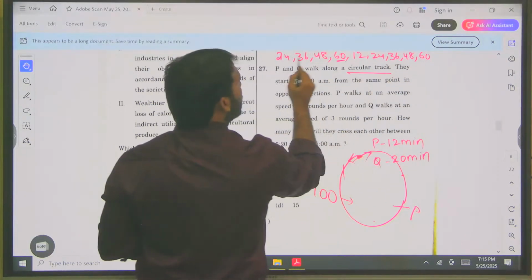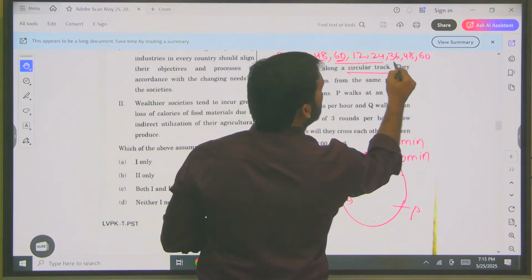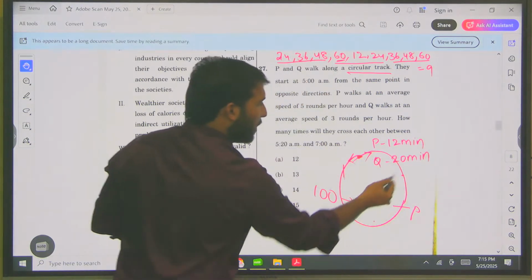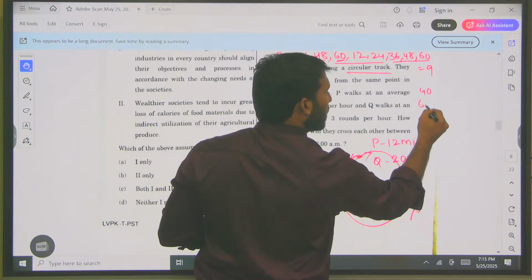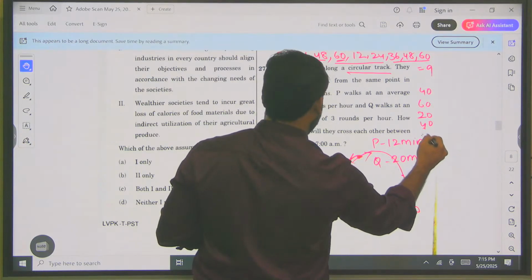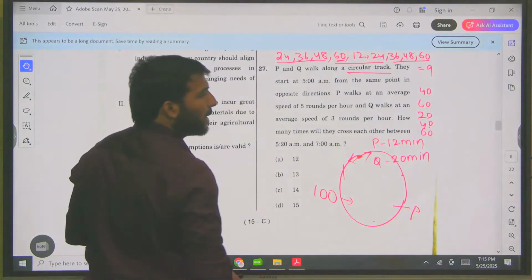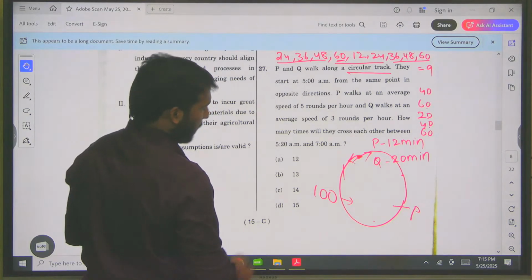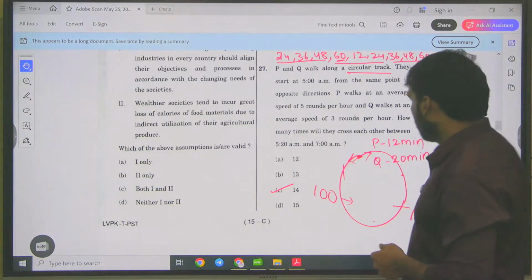How many? 1, 2, 3, 4, 5, 6, 7, 8, 9. Total 9. And if I take 20, 5:20, 5:40, 6:00, next again 20, 40, 60. Total 9 plus 5, which is 14. Clear?